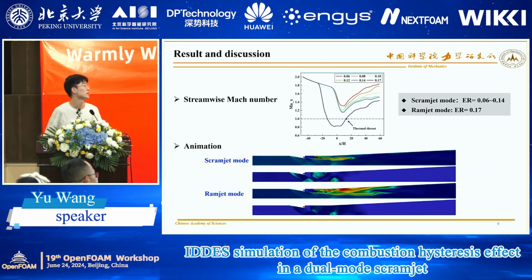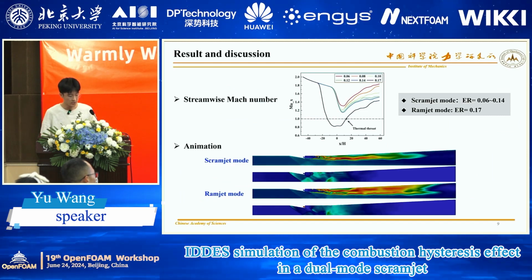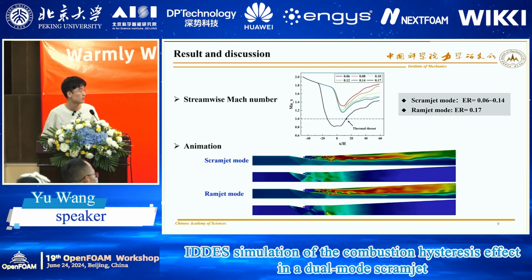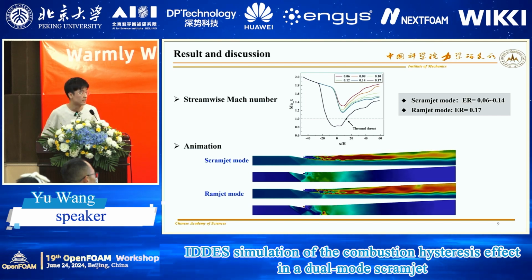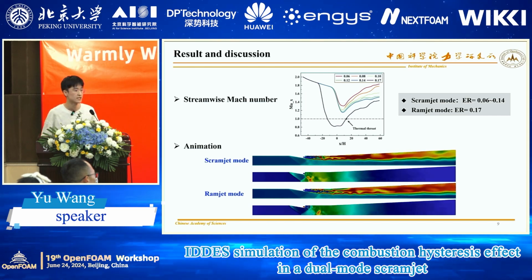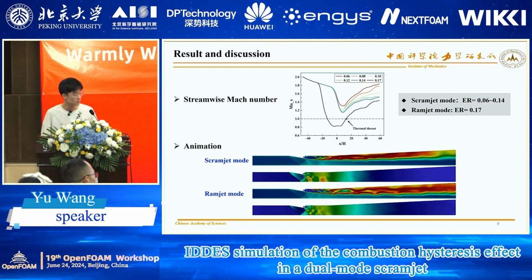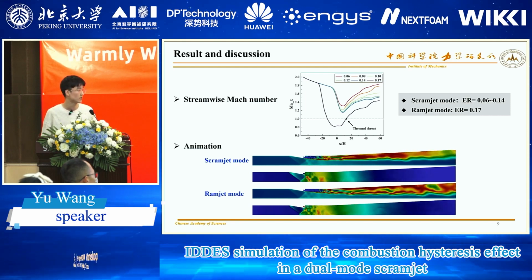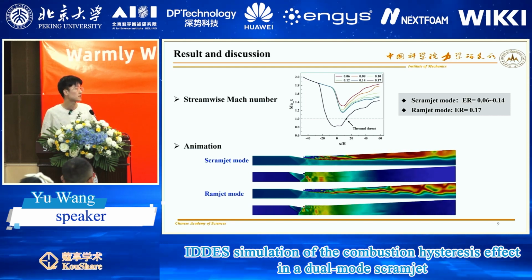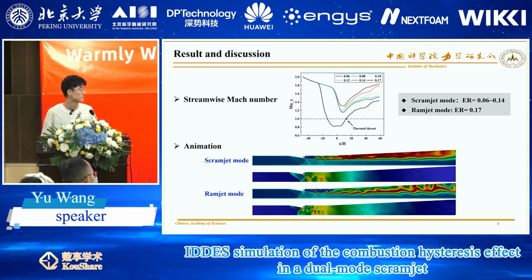Then the fourth part, results and discussion. Here we make an animation of the temperature and the pressure contour in scramjet and ramjet mode. You can have an intuitive comparison of the combustion field in these 2 modes.